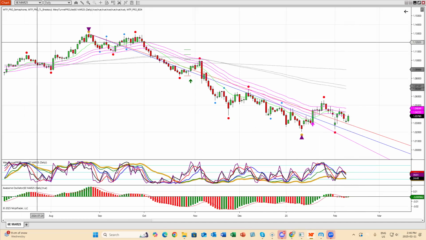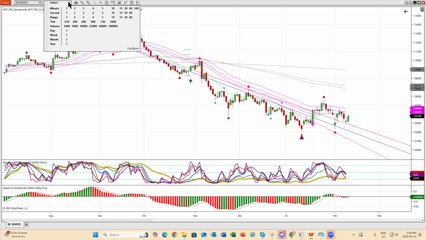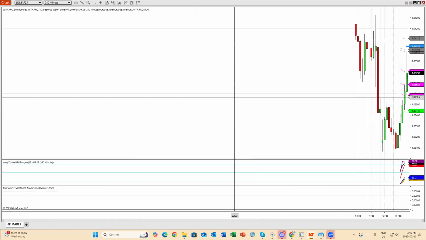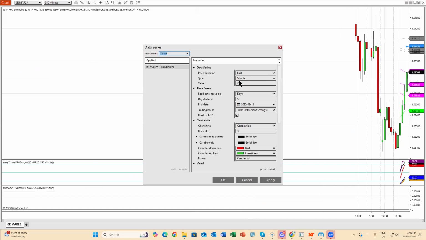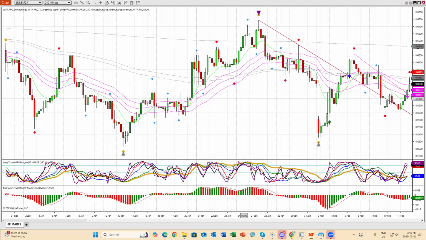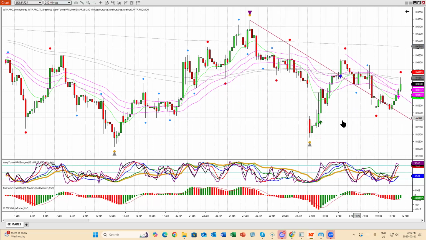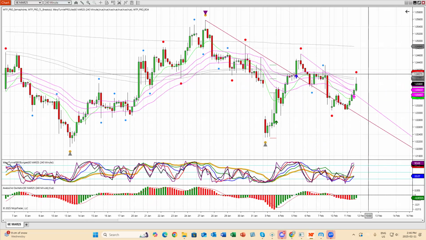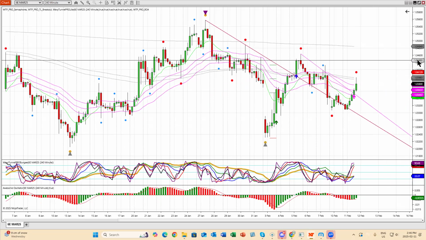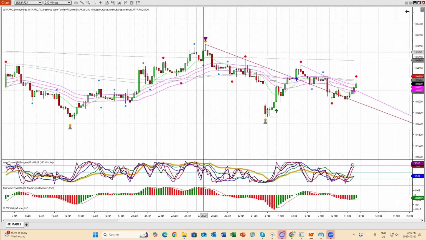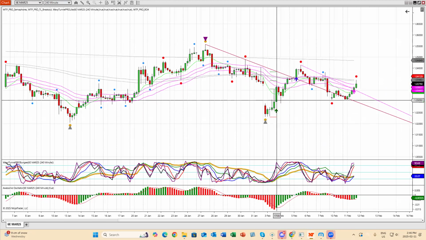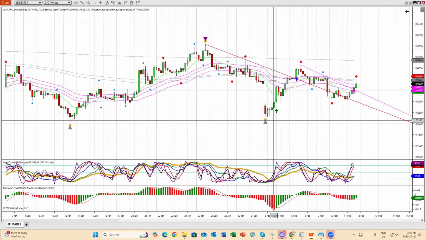Okay, let's move down to the 4-hour. So if that does that on the daily, by the way, this is a signal that our software produces.